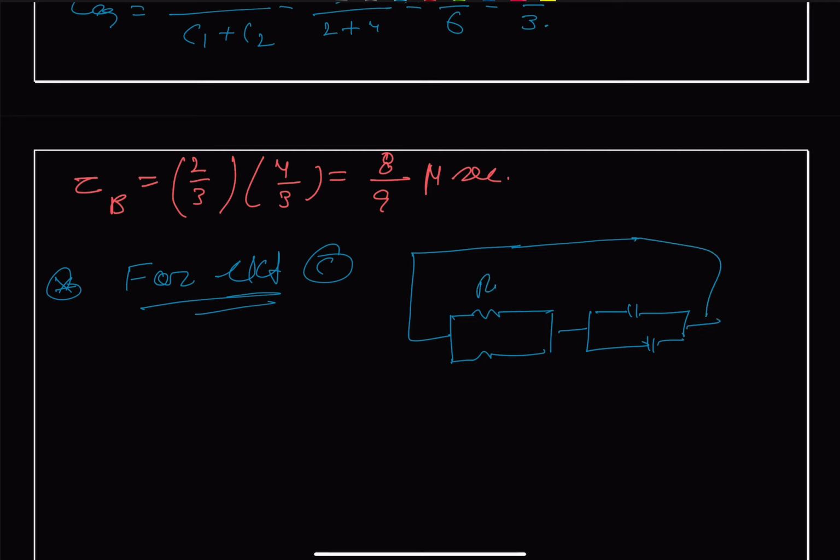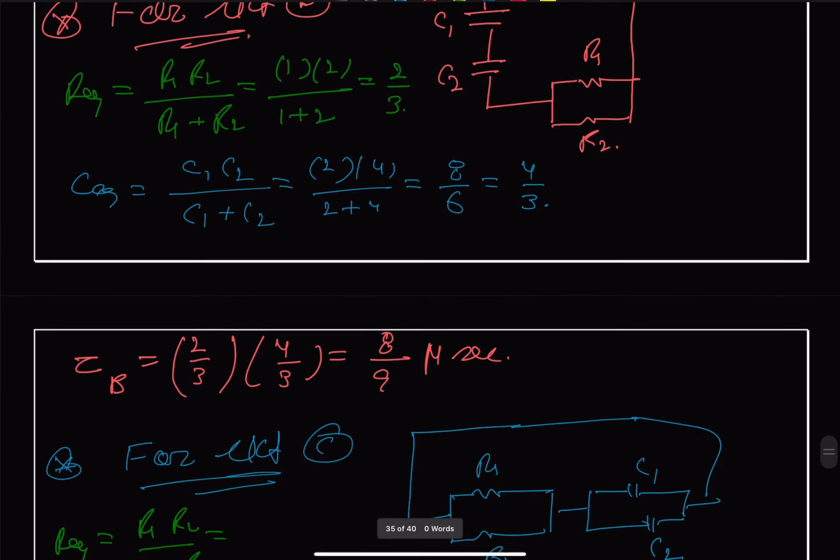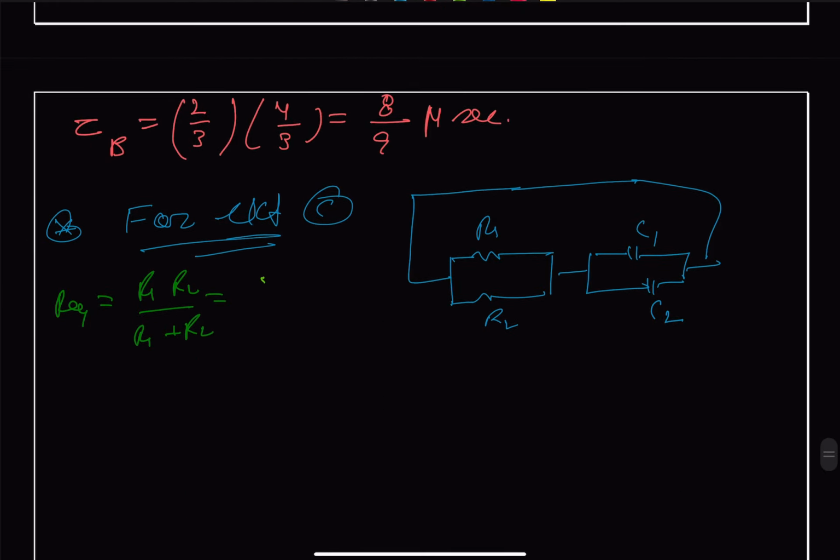So we have R1, R2, C1, C2. Therefore, our R equivalent will be equal to R1 R2 divided by R1 plus R2, the parallel combination, that is 2 by 3.